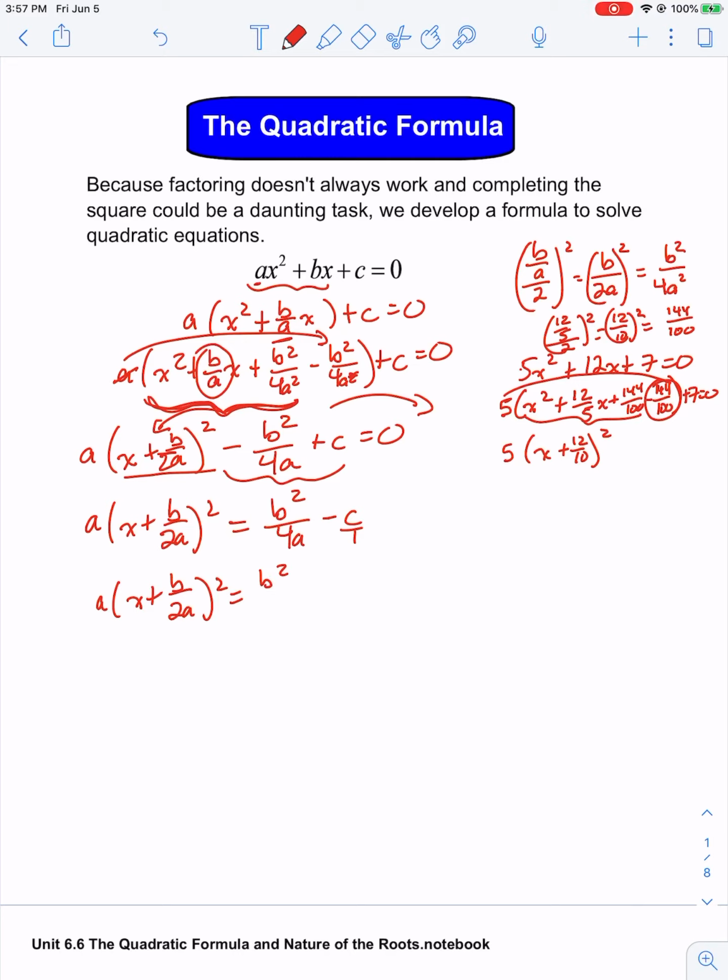So it's going to be b squared over 4a minus, the 1 becomes 4a because it gets multiplied by 4a, which means I've got to multiply the numerator by 4a, so that becomes 4ac. Then that gives us a times x plus b over 2a squared equals b squared minus 4ac over 4a. Oh, this should be an a squared. Sorry.